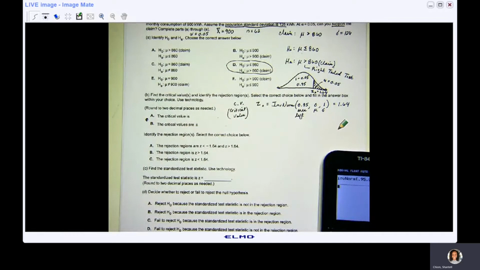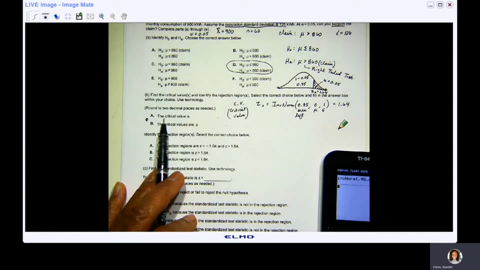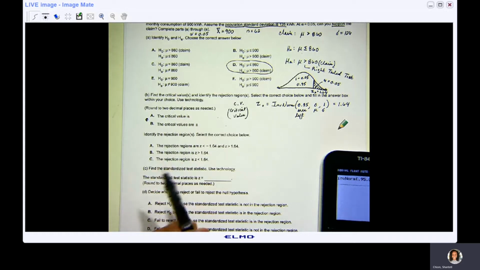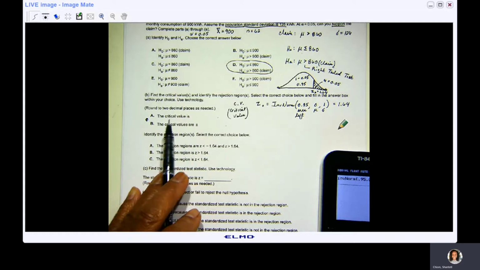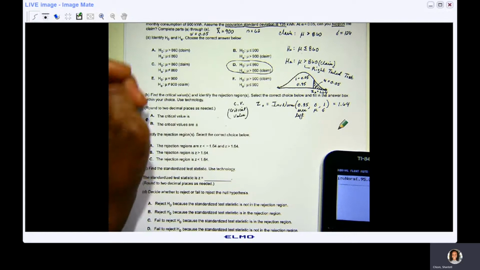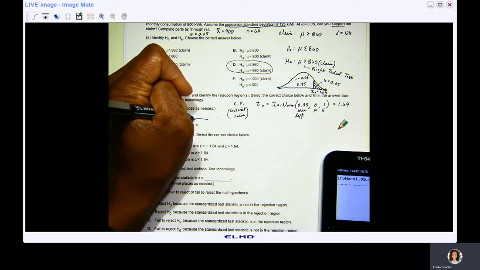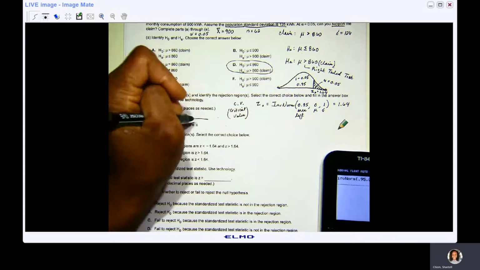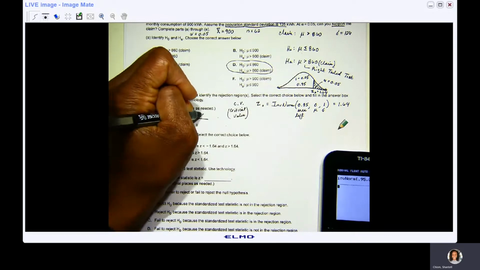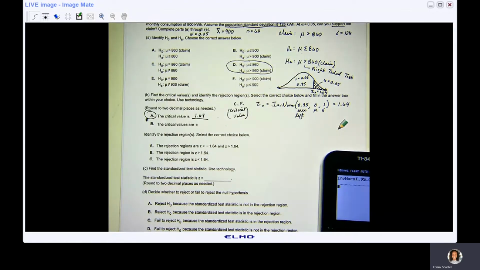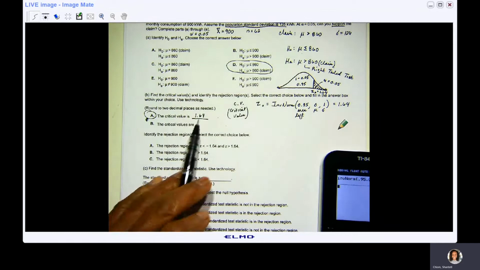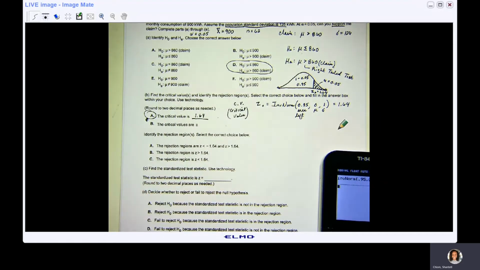Now, they're asking us to select either A or B for the critical value. We only have one, so we're going to select A. On the blank, when you're actually on the computer, you type in 1.64. There's only one, so we choose A. When there's two, you choose B.